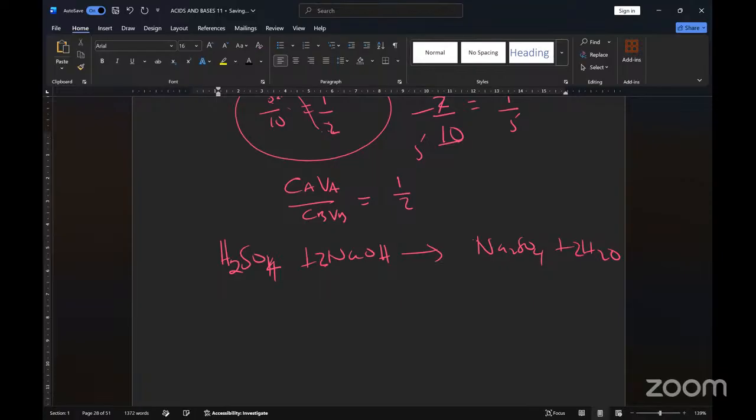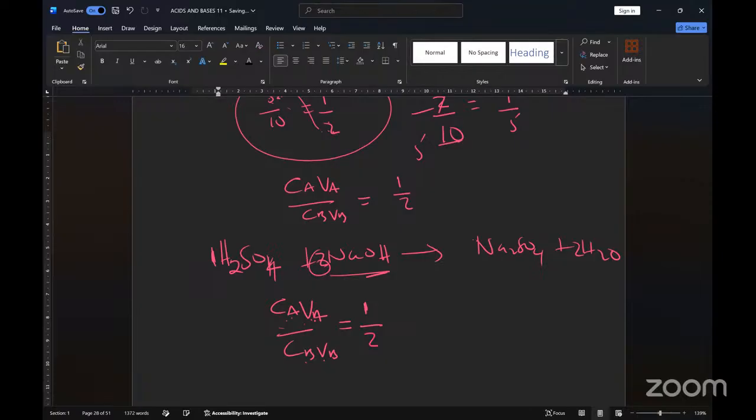So going forward, you can say concentration of acid, volume of acid over concentration of base, volume of base must be equal to, if this is acid, the coefficient here is what you write here. So this is 1. The numerator is for acids, so the coefficient here must be for acids. Then concentration of base times volume of base will be 2 because this is the base. The coefficient here is 2.